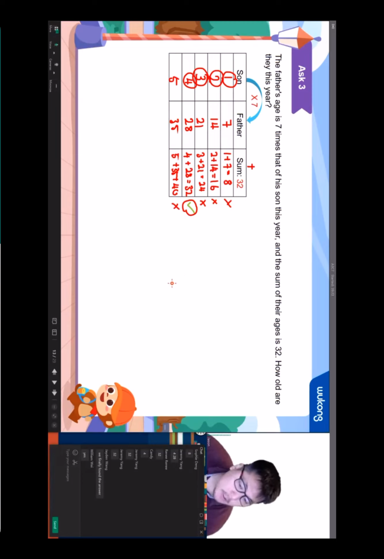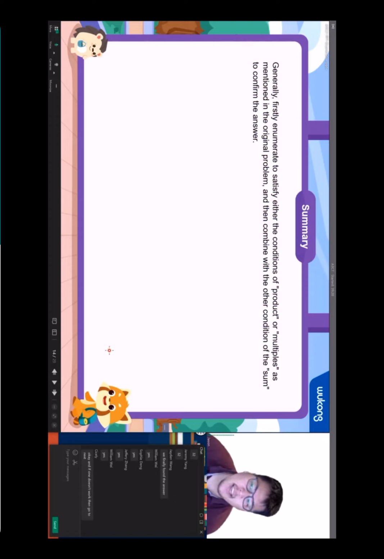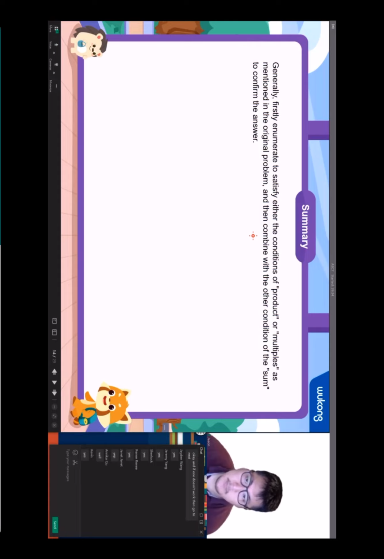So, do you think you can do the list like this now? What do you think, everybody? Okay, good. All right. I'm going to see. So, now, you need to make sure, though, you have the product and multiples mentioned from the original question. Okay? And if there's a sum, also check the sum. All right. So now this is your question.